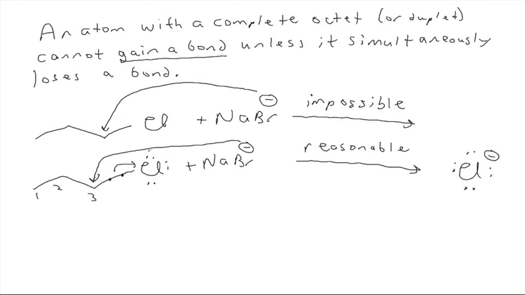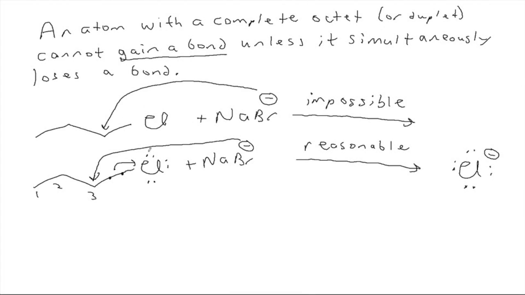So this is reasonable. Does this bromine start with a complete octet? Yes. But this is still reasonable, even though the bromine is not losing any electrons from another arrow, because it's not gaining a bond. This is another example of what I was just talking about. It's okay to gain electrons as a lone pair.